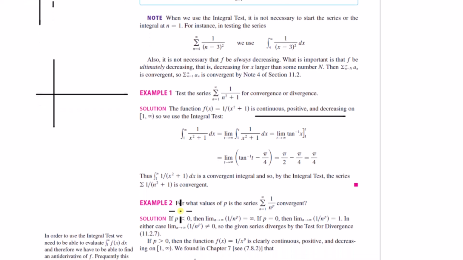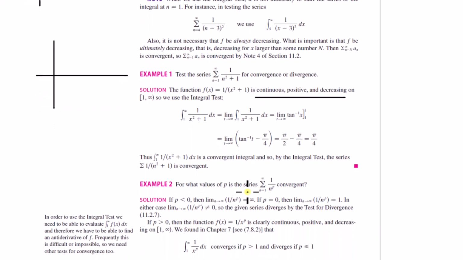Okay, the next example says, for what values of p is this series convergent? So how do we approach this? Well, when it comes to the integral test, for the a sub n, we replace the n with an x, and we check: is this f of x continuous, positive, and decreasing, either over the entire range of the series, so x starting at 1 to infinity, or at least at some starting point?